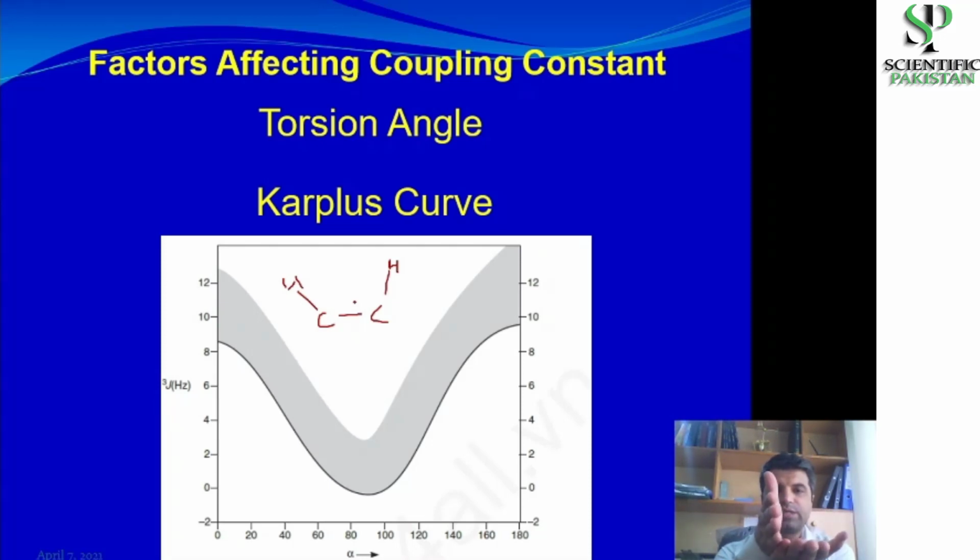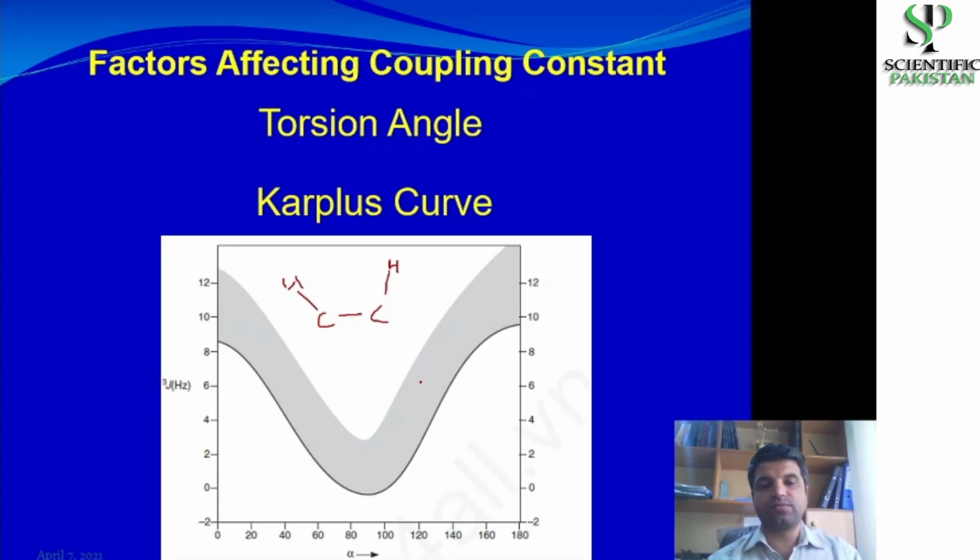So if you have two planes like this, and this is one carbon, this is the second carbon, and we have protons here and here, the angle between these two planes is the dihedral angle or the torsion angle. So if you close the book, the torsion angle is 0. When it is like this, the torsion angle is 90 degrees, and when the book is wide open, the torsion angle is 180 degrees.